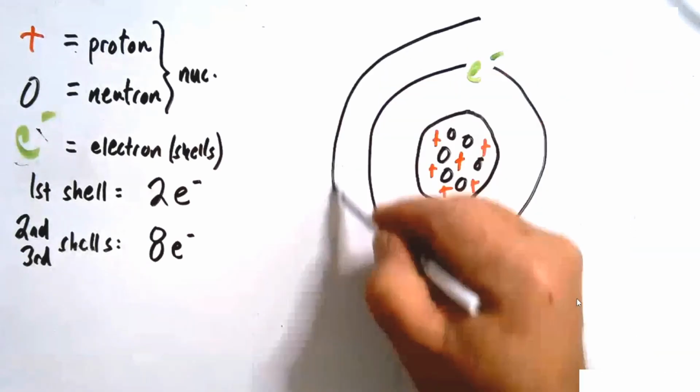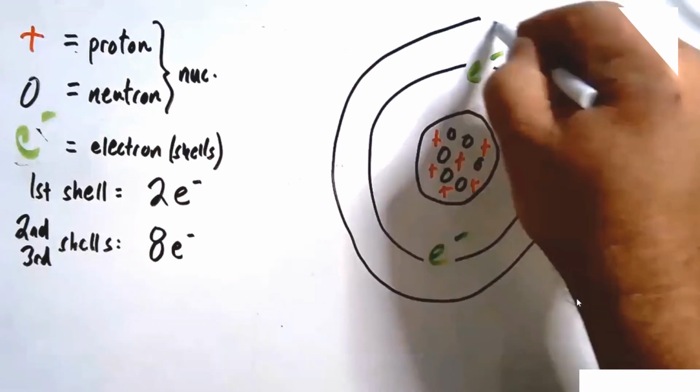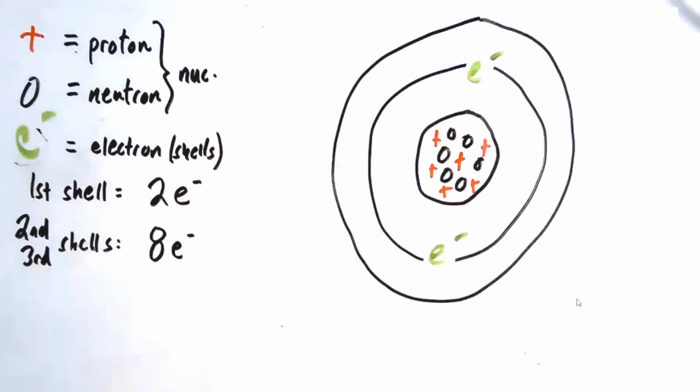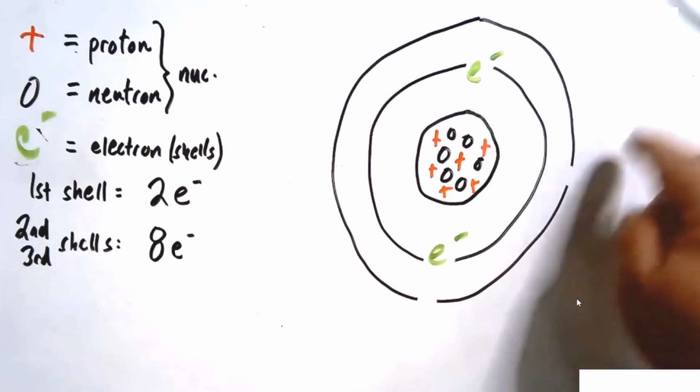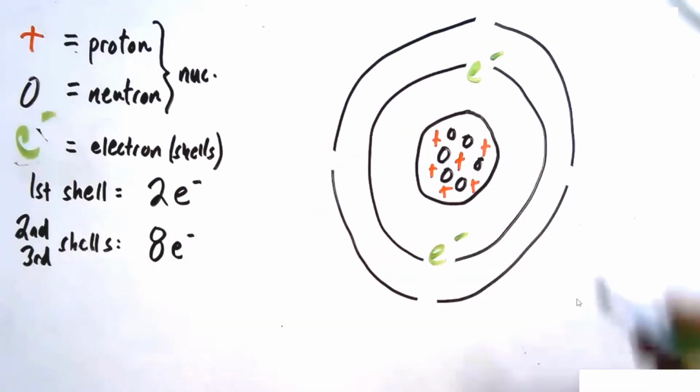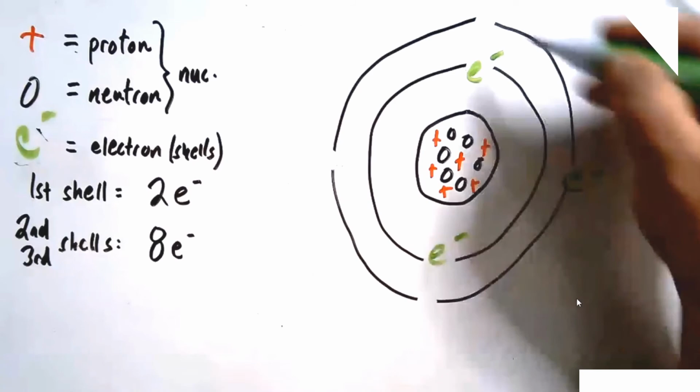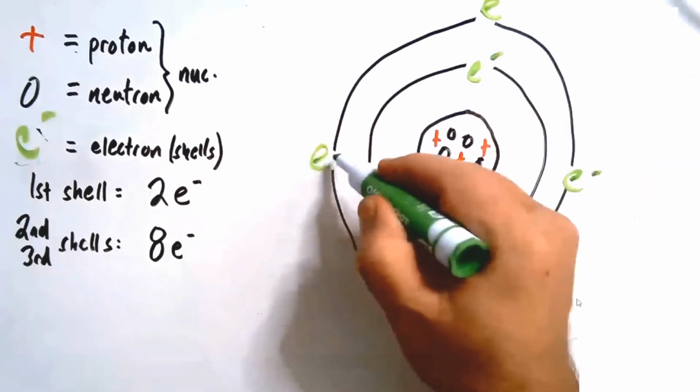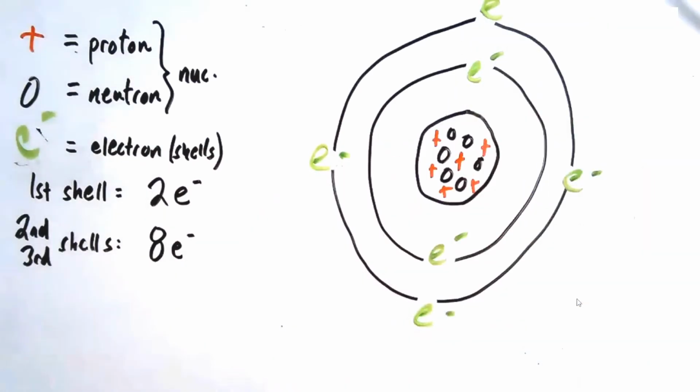So since I already have 2 negative charges, to balance the 6 positive charges, I'm going to need 1, 2, 3, 4 more electrons, which means I'm going to have 4 filled spaces on the outer shells.